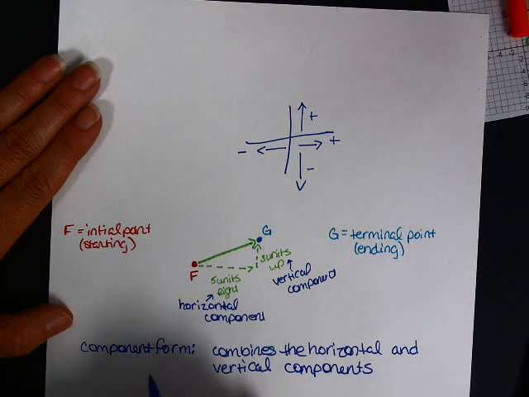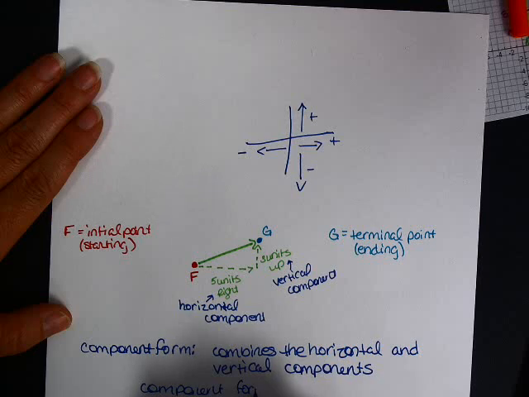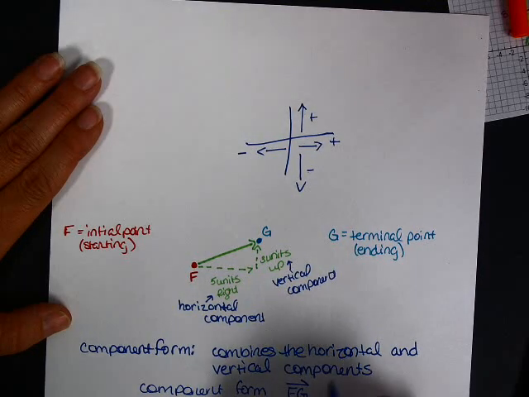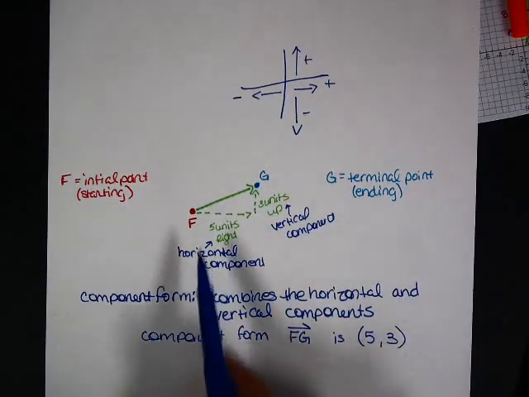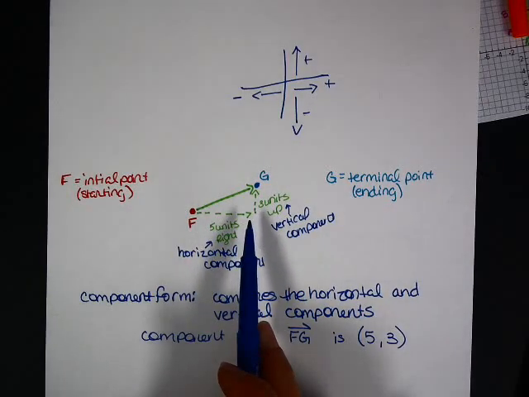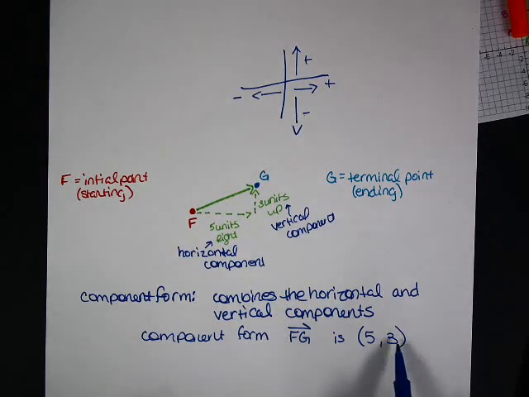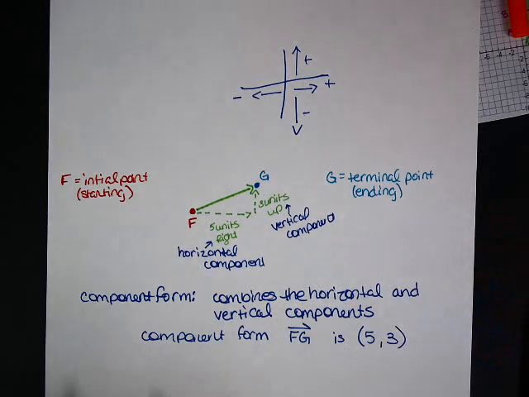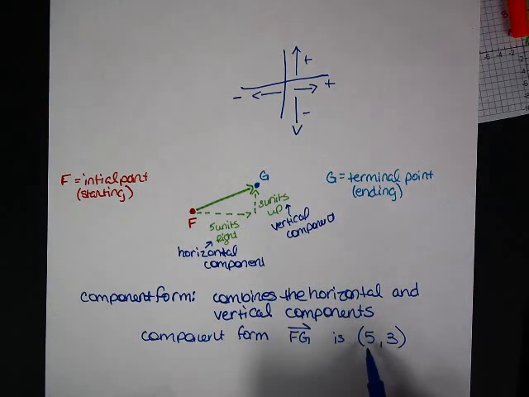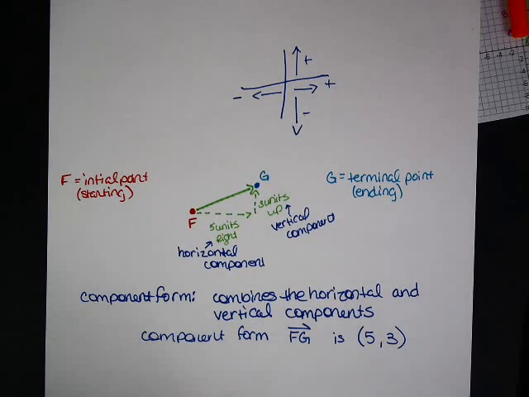Okay, the component form of vector FG is 5, 3. 5 because we moved horizontally a positive 5 units, and 3 because we moved vertically a positive 3 units. If we had moved to the left, this number would be negative. And if we had moved down, this number would be negative.